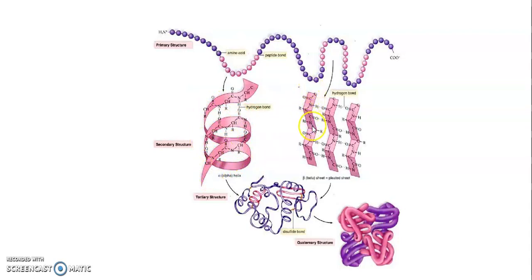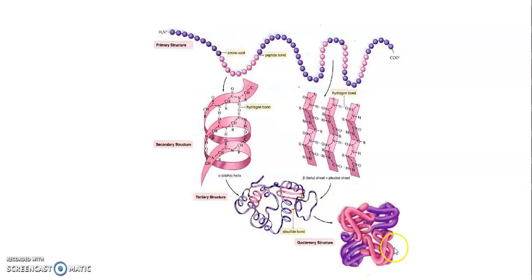We could get a pleated shape too. Again, there are little hydrogen bonds keeping this protein in this particular shape. And then proteins get even more folded onto each other and have different shapes. So we have some pleated areas and some helical areas.